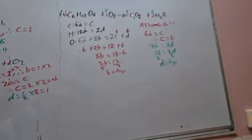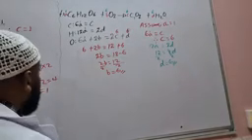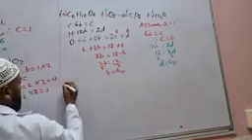Okay, the other one, let me solve for question number H: barium chloride with potassium phosphate.